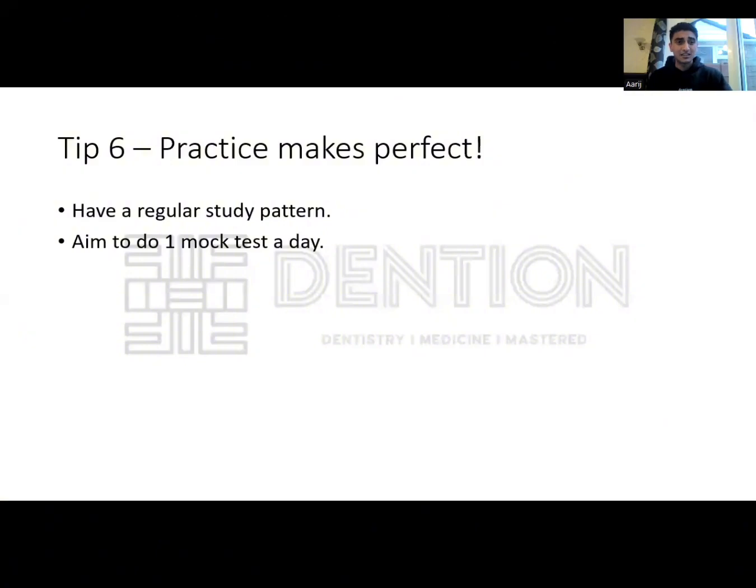I put in as a general thing, aim to do one mock test a day, but honestly, it depends at what stage you're at. But from my personal experience, I was doing about 2 mock tests a day. So if you really want to do it, you can do it. But what I would say is don't be bound by the idea of just doing mock tests. For example, if you're struggling on one of the sections more than another, when I did the UCAT, I had the abstract reasoning in there, and I was terrible with the abstract reasoning just because I can't see 3D or sometimes see the shape.